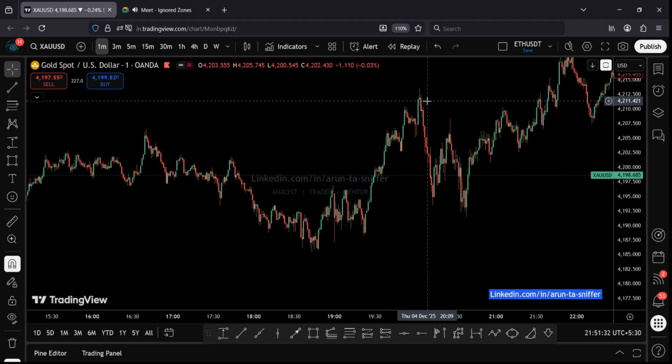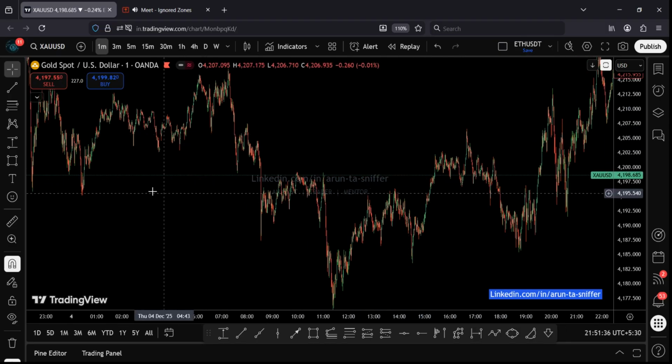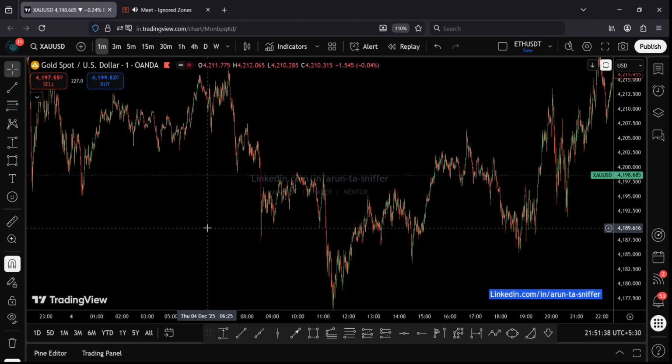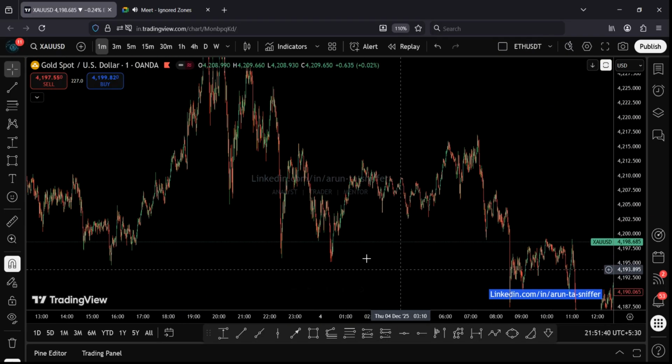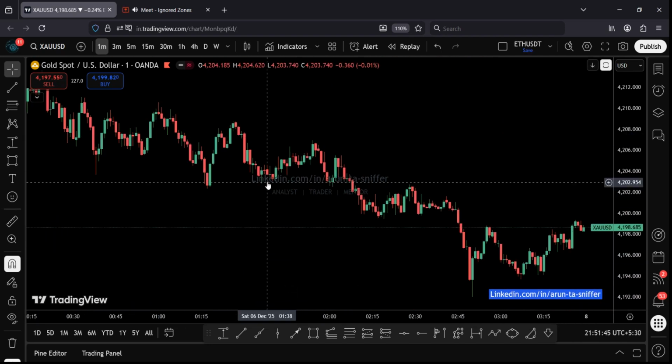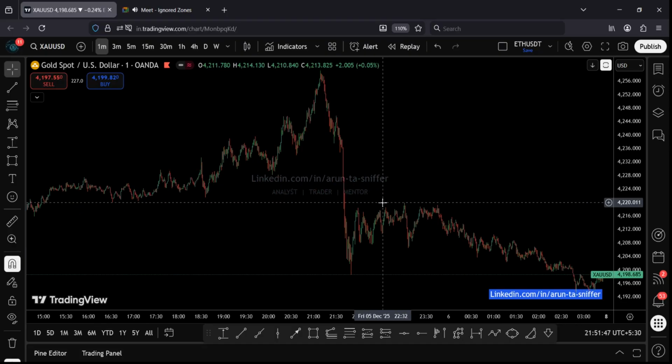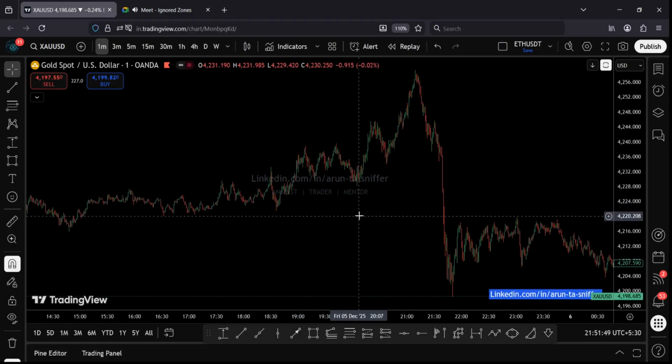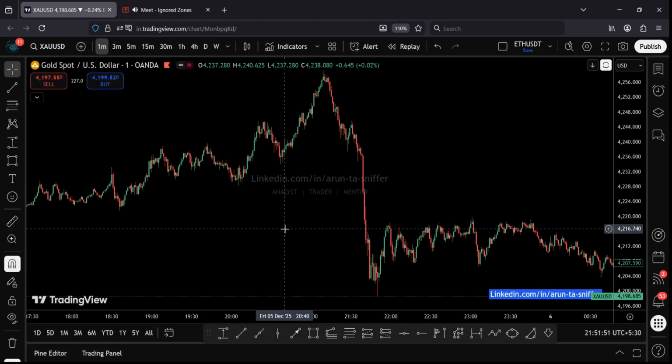Node goes up a bit. Let's see some opposite side examples. Okay, opposite side example. We have seen examples for upside. Let's see some examples for downside.